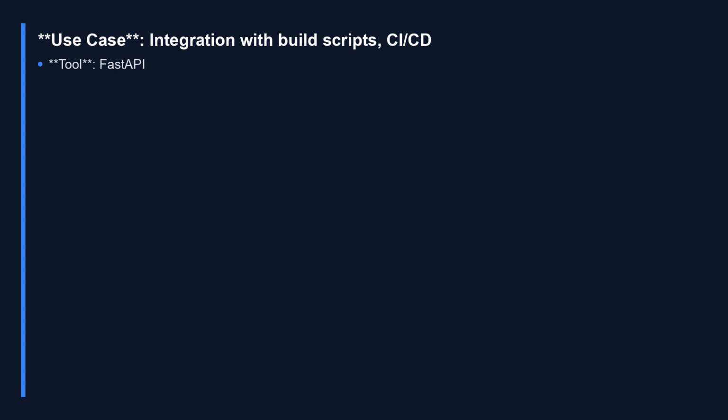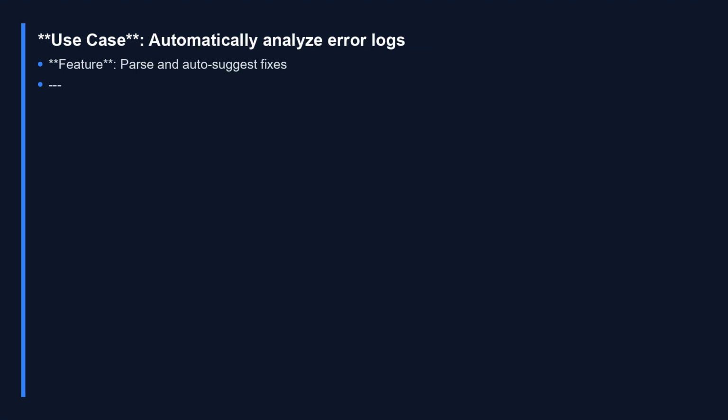This is the right choice when you need to integrate your assistant with build scripts, CI/CD pipelines, or any tooling that speaks HTTP. The third deployment pattern is automatic error log analysis. The assistant watches your build logs, parses failures as they happen, and surfaces suggested fixes without you having to manually copy and paste error output. That's the full picture of what this lesson covers.